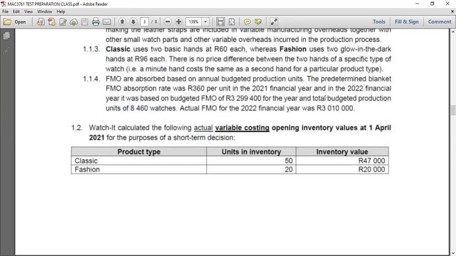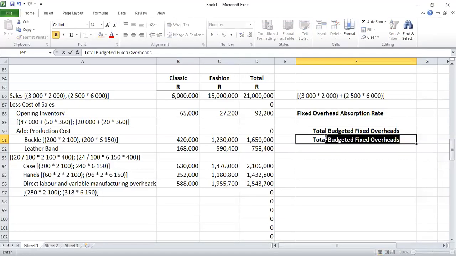They are absorbed according to budgeted production units. You should always check, because sometimes they don't use units. They can use labor hours, machine hours, or any other variable. Here they were told they are using budgeted production units. So we divide by the total budgeted production units.